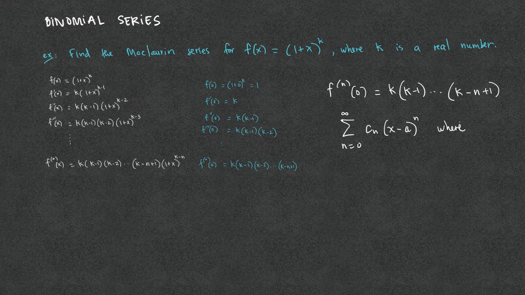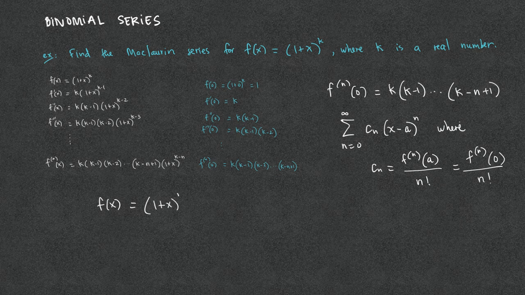Recall that the Taylor series is of the form the sum of c sub n times x minus a to the n, where the coefficient c sub n is the nth derivative evaluated at a divided by n factorial, but in this case, a is 0. And so the function f of x equals 1 plus x to the k is the sum of the nth derivative evaluated at 0 over n factorial times x to the n.